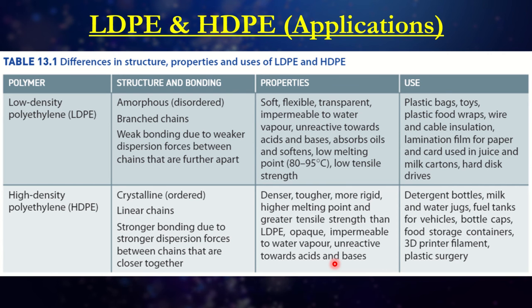We can also comment on the structure in terms of amorphous, meaning it's disordered. So low density polyethylene is disordered, and the really highly ordered plastics, so the ones that have really high density, we call crystalline. Okay, so that gives you a little bit of an idea.